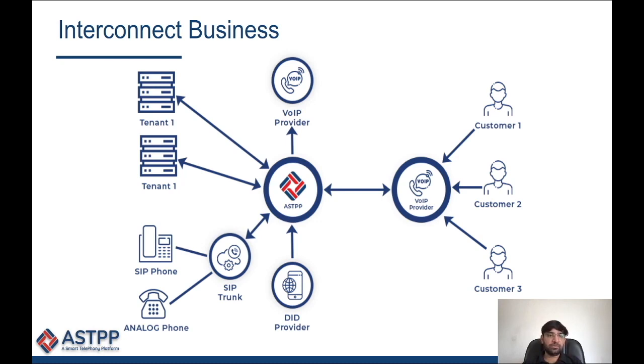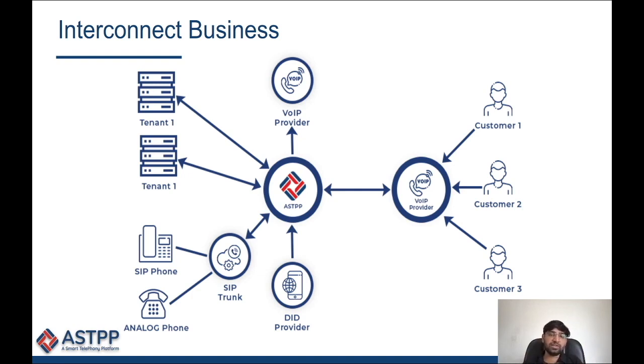When your customer makes a call to USA, you forward that call to your provider, and then they deliver the call to the USA number. When they have an Indian call, they send the call to your ASTPP system, and then you route your call to the appropriate destination. So here we can say it is an interconnect business or exchange of minutes.